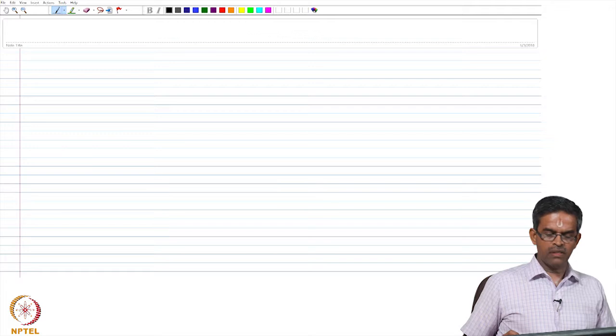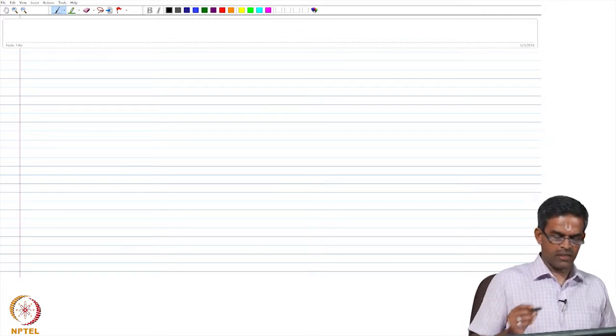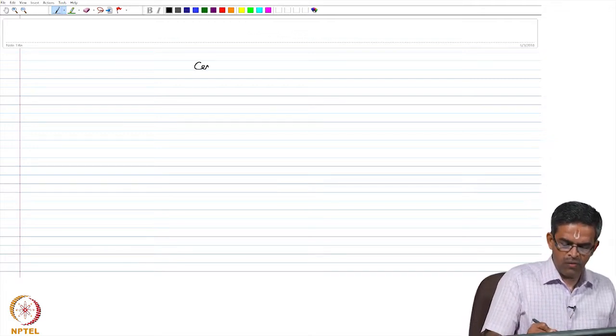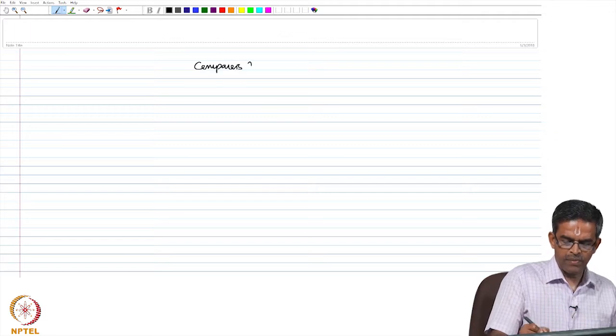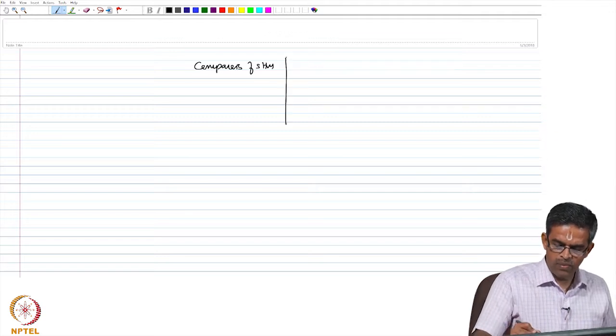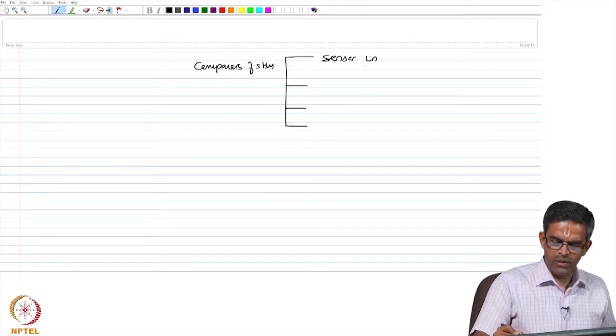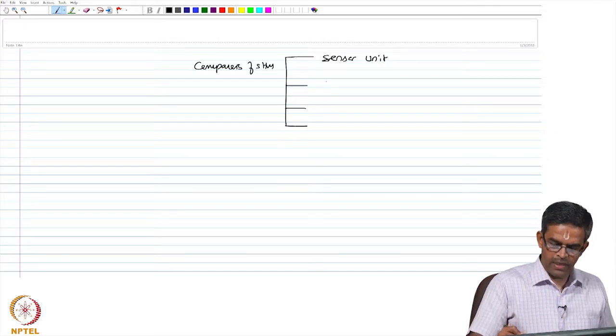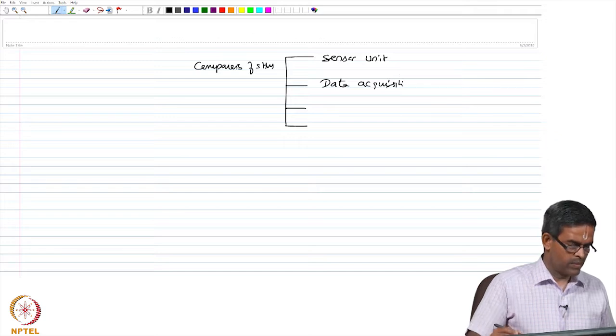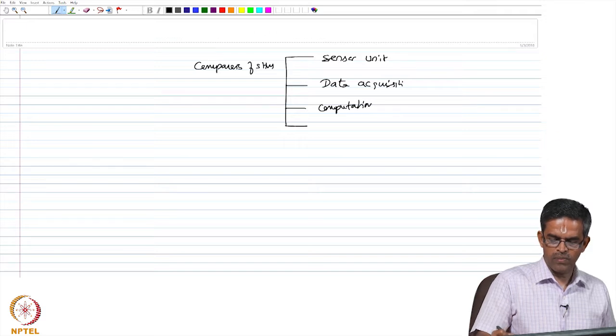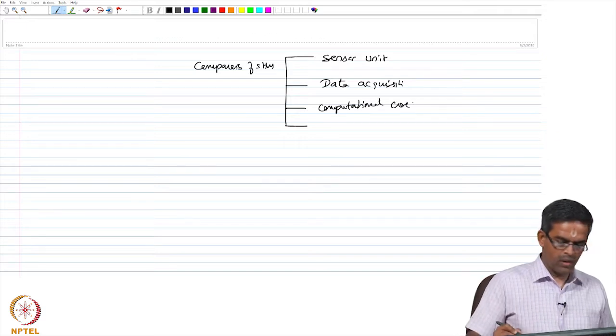Friends, if you recollect, in the previous module one of the lectures, we discussed that components of SHM are essentially of 4, which will be the sensor unit, data acquisition, computational core, and communication channel.